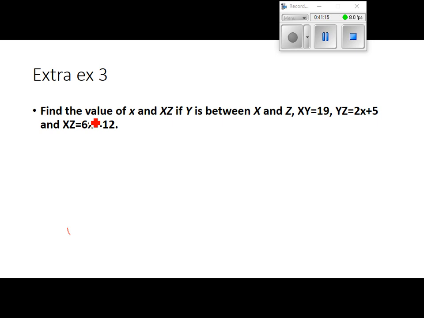Extra example 3. Write this one right below and try it on your paper there. It's not something that I'm going to check or anything, so just write it somewhere else. I don't care. Scrap paper or something.